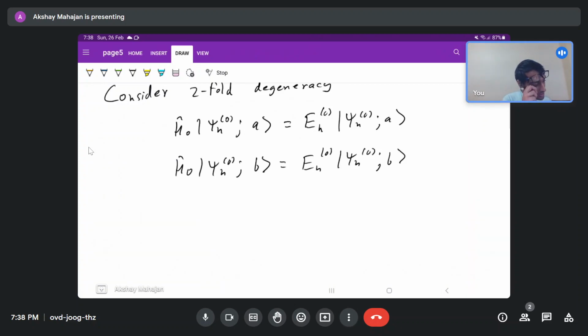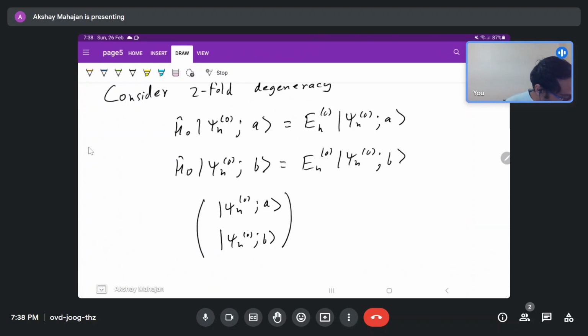What I know is that if we have psi of the zeroth order, this A state, and psi of the zeroth order for the 2-fold degeneracy, and I do a perturbation on and off, so this is my perturbation.